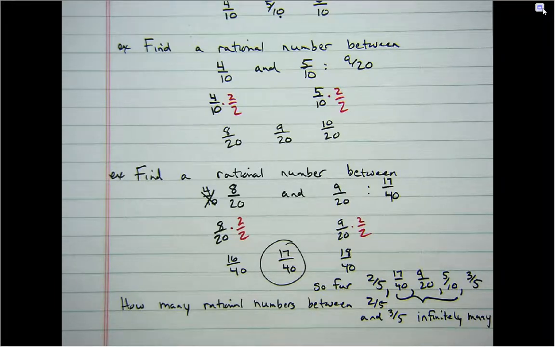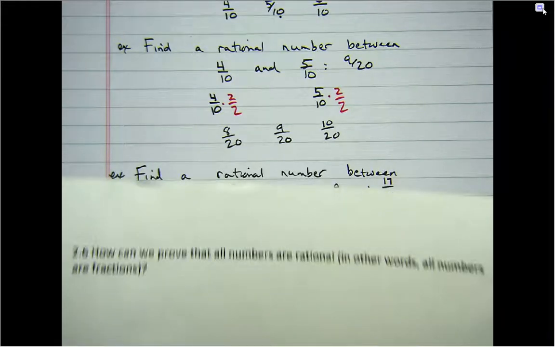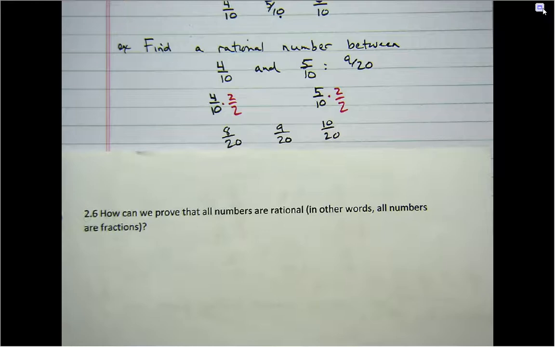In fact, the Greeks, namely Pythagoras, believed that all of the numbers were rational. So they tell us all numbers are rational, and we're going to see how the proof works. In other words, all numbers are fractions.